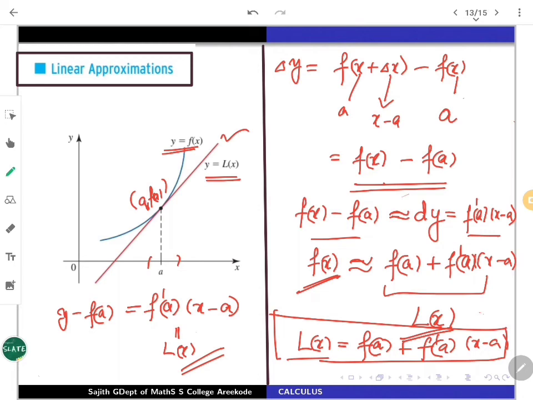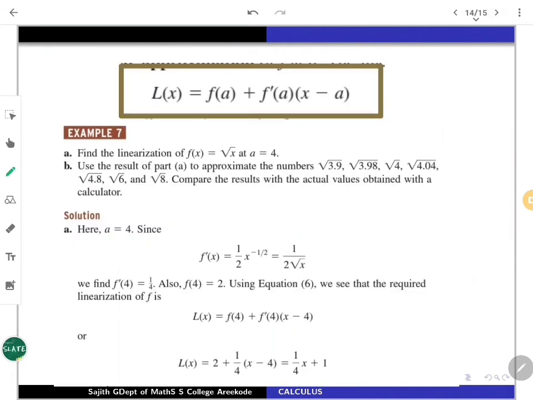In fact, geometrically you are just approximating by the straight line, the tangent at a, that's all. So the function f of x values can be taken from this simple expression of a line.